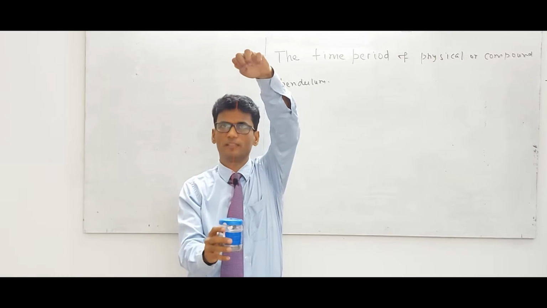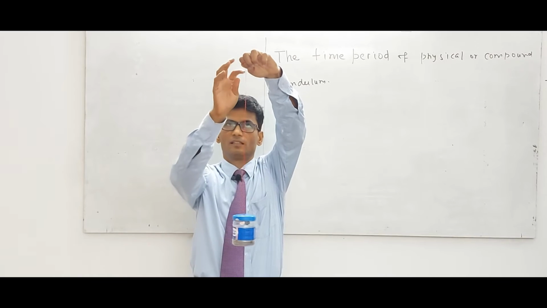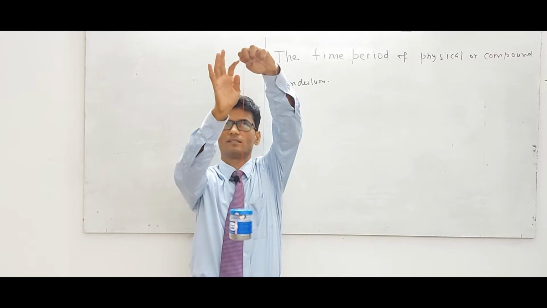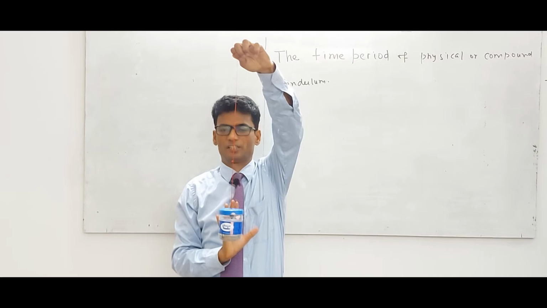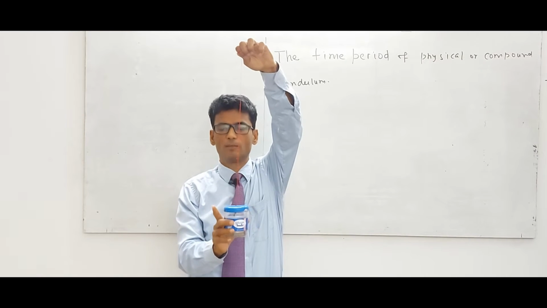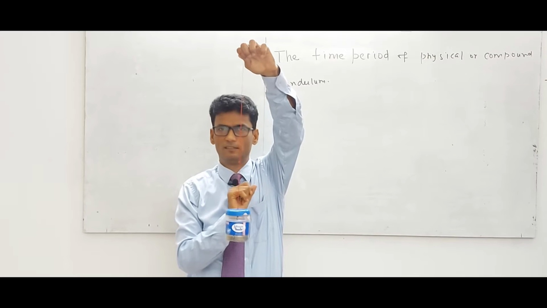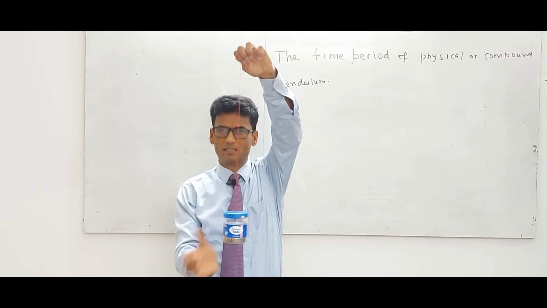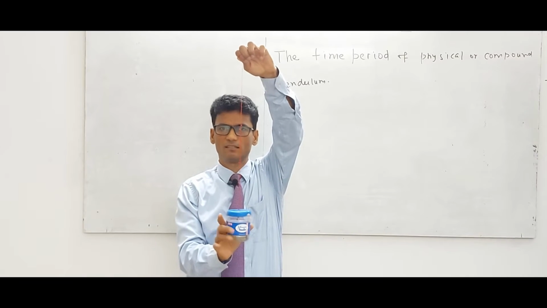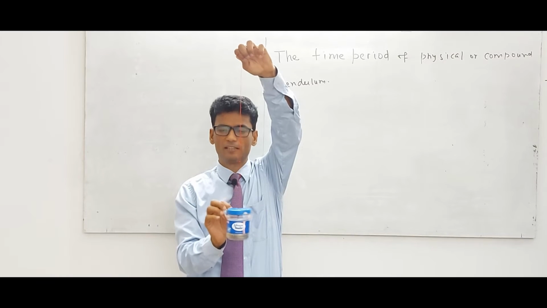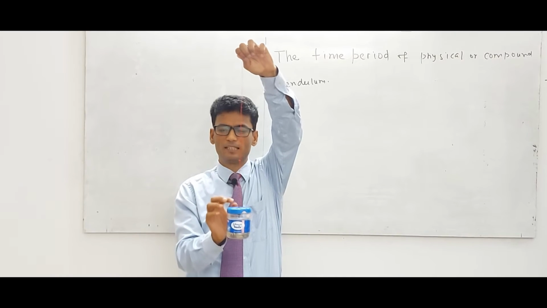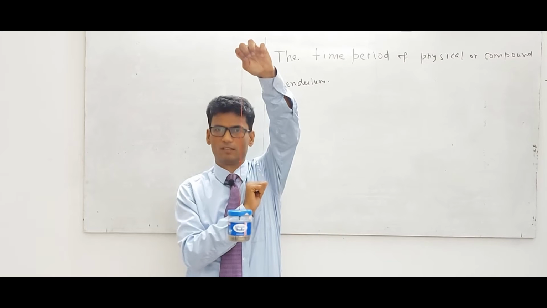So what we observe here? Here is the point of suspension. There is the body. But to understand the realistic situation, we have to assume that the point of suspension is inside the body.